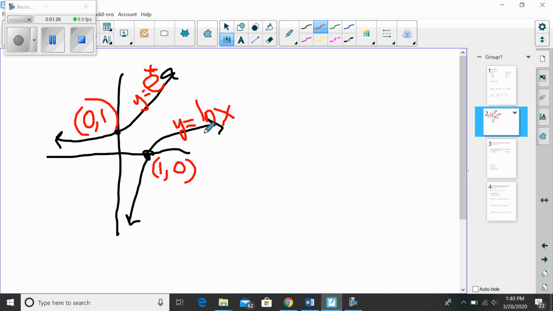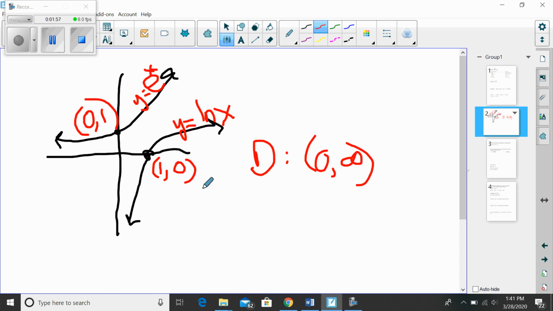Therefore, when it comes to both natural log and log of any base, the domain is only positive numbers, 0 to infinity. And then the range would be all reals. And all logs pass through the point (1, 0) because all exponential functions pass through the point (0, 1).